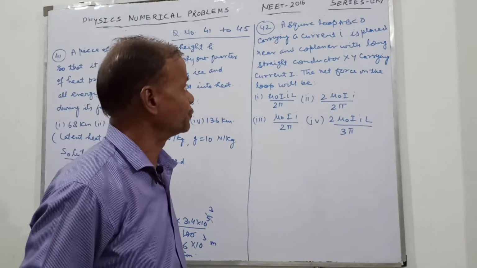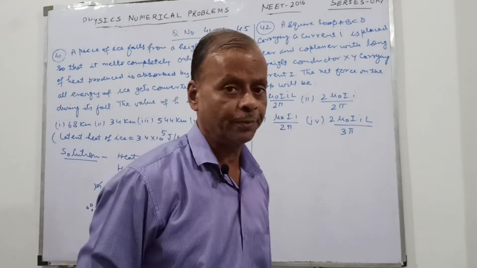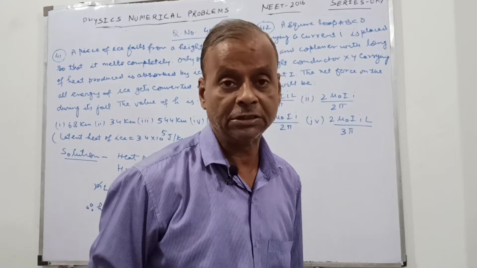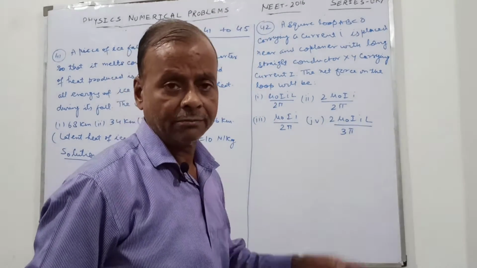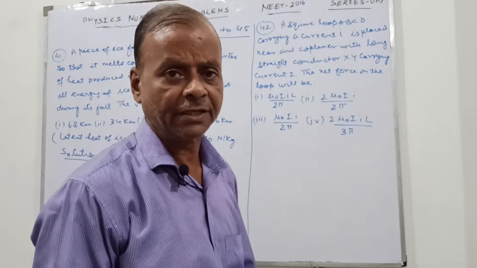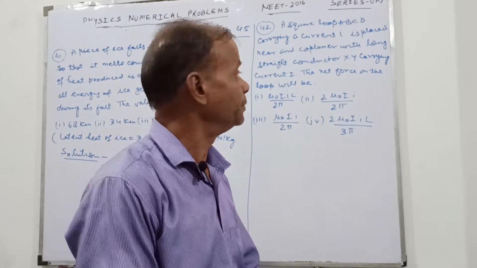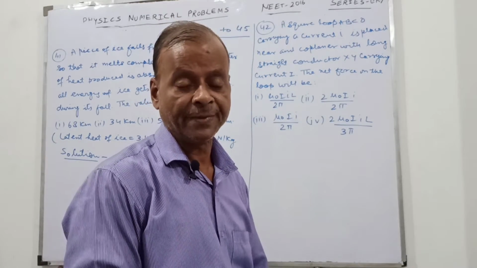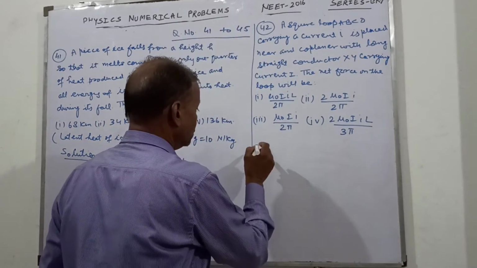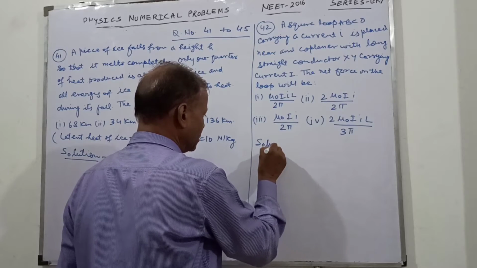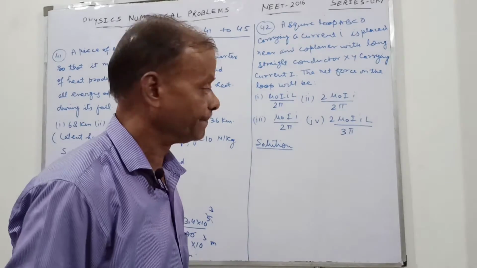So here we have a square loop ABCD carrying the current I. It is placed near and coplanar with the long straight conductor XY. The figure is not given, but it must be given because we don't know the distance of this straight conductor. So it becomes a very unclear question.